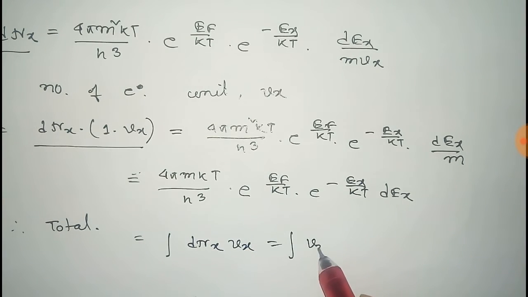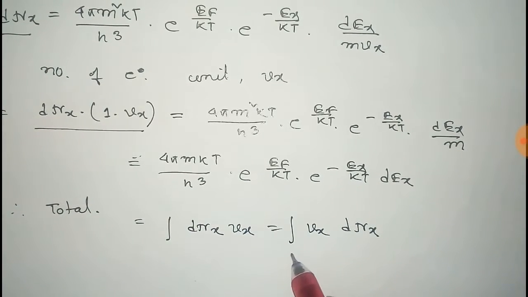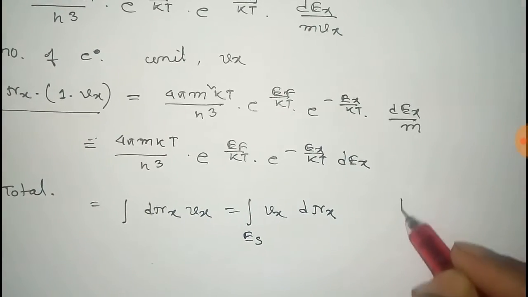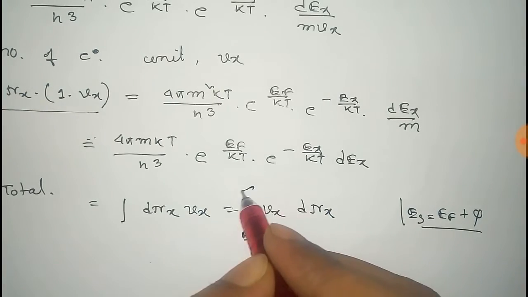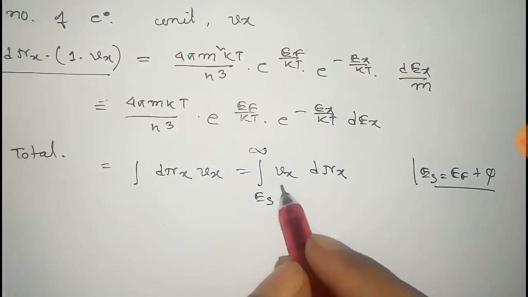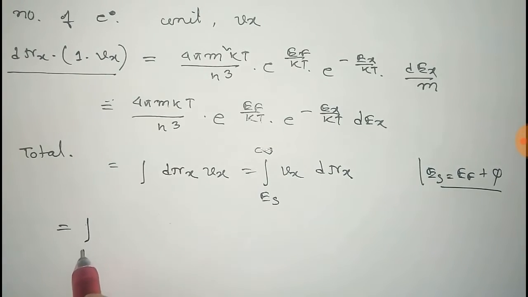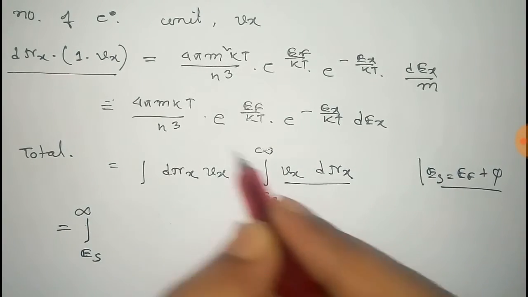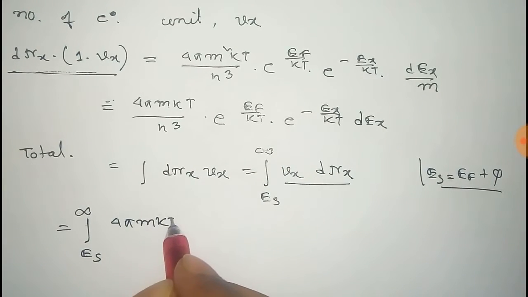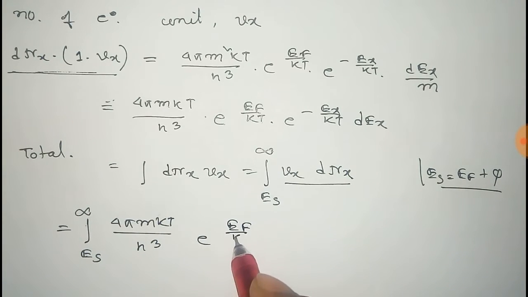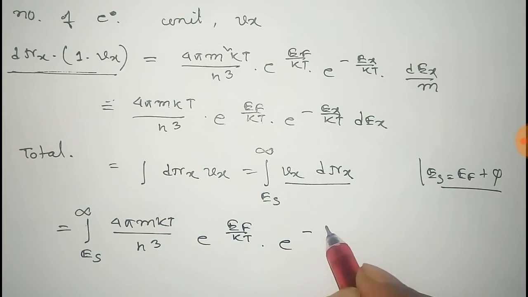The lower limit is Es, because Es is the energy needed for the electron to come out of the metal.